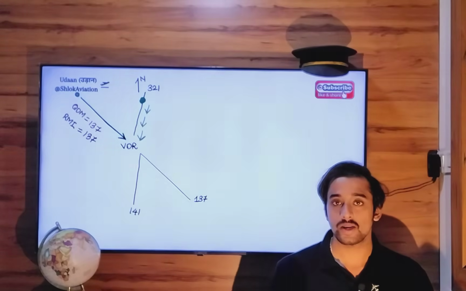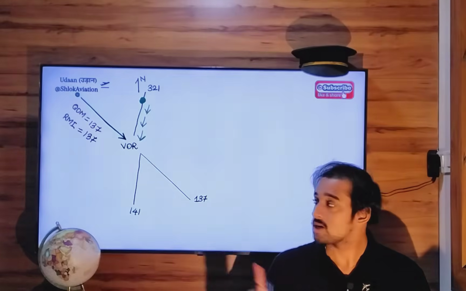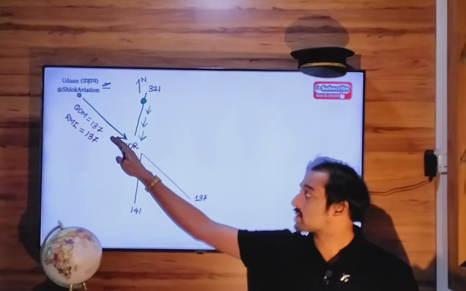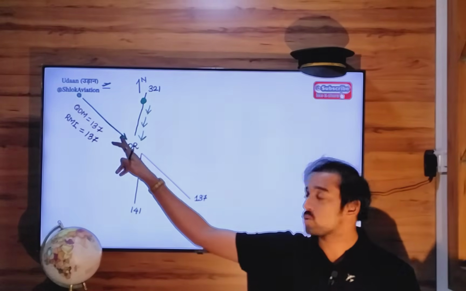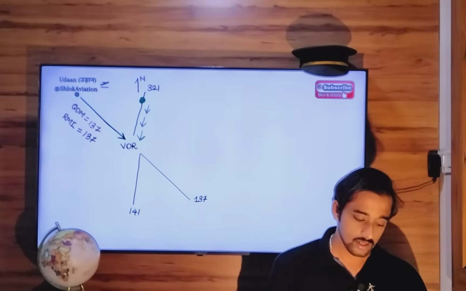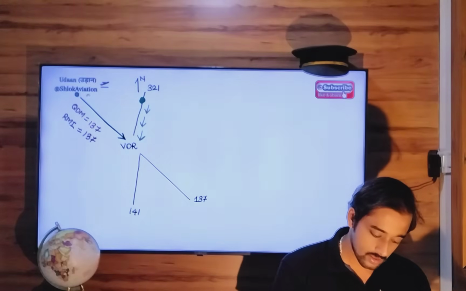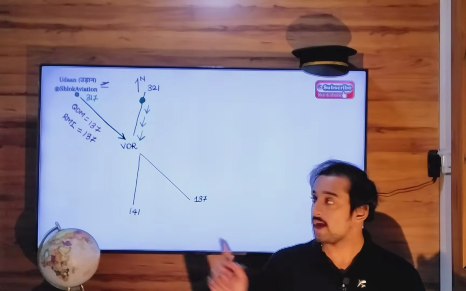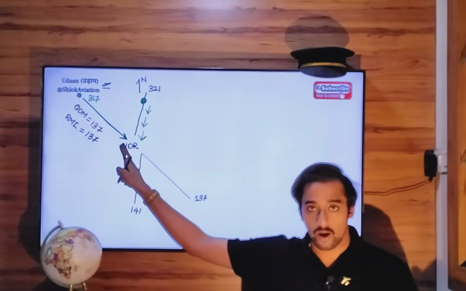And therefore it's getting an RMI indication of fly heading 141 in order to go to the VOR. The actual track it has to follow is this track, track towards the station 137. The reciprocal of 137 is 317. So it should fly this radial 317 inbound.